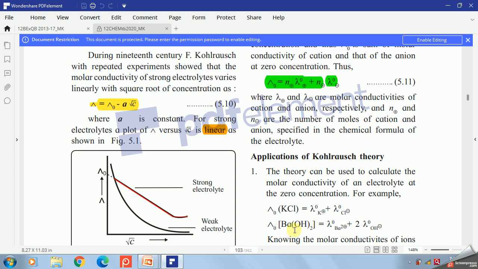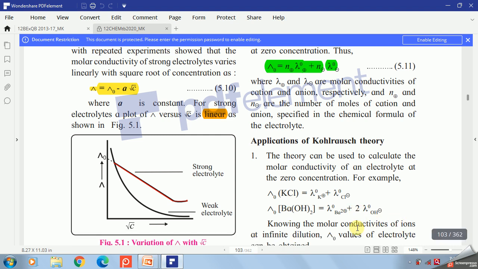Why 2? Because if Ba(OH)2 gives its ions, then Ba is 2 plus, but OH is 1 minus. So to balance the 2 plus charge on Ba, there should be 2 OH minus, and that's why 2 is the number.